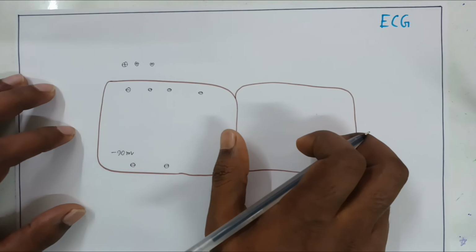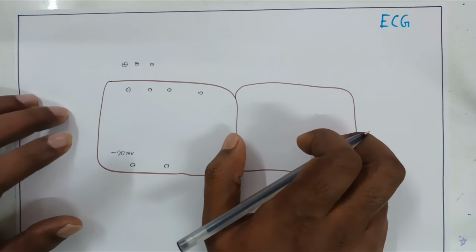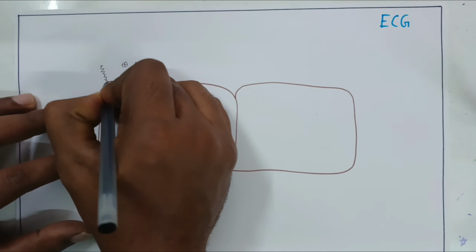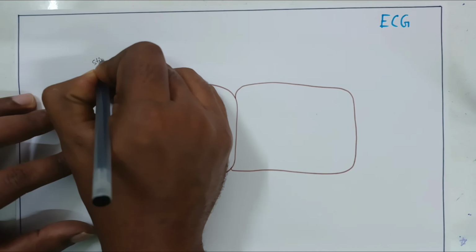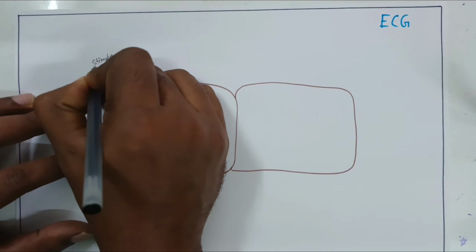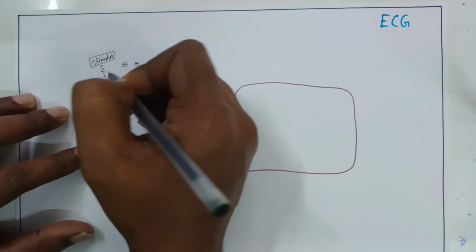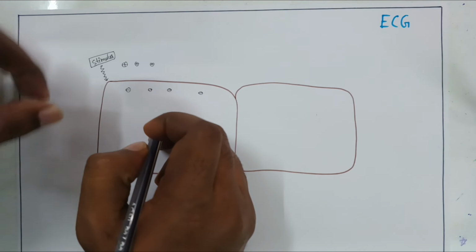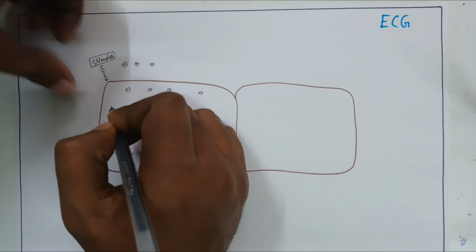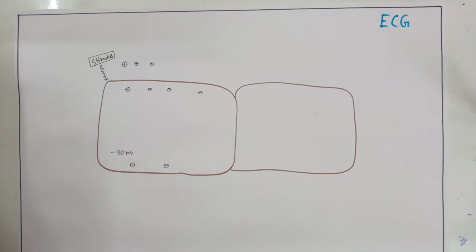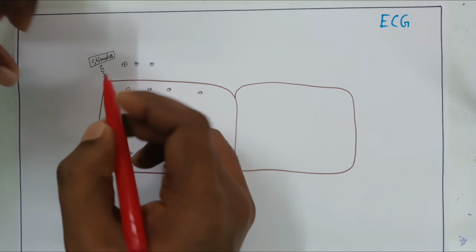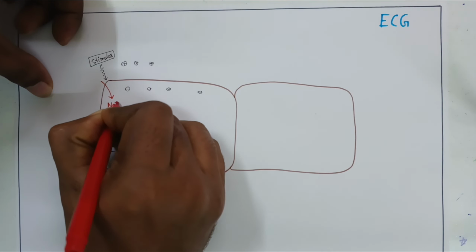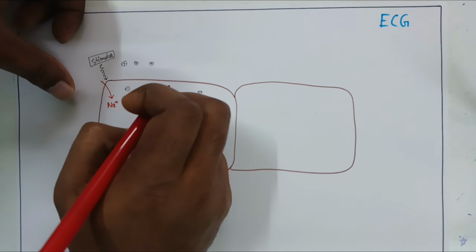Now if we stimulate this myocardial cell, that means we apply a stimulus, then after applying this stimulus, a few positive ions get into the cells. In case of ventricular myocardial cell, these are sodium ions.